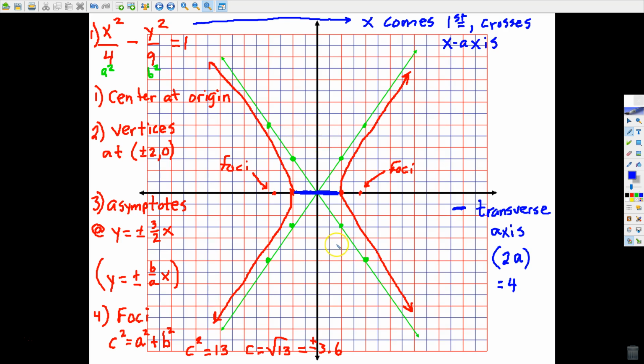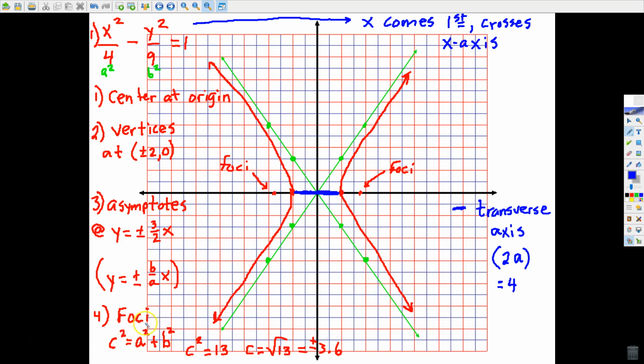It's called either the interior rectangle or the central rectangle, depending on which book you have. That rectangle will help us draw these two green lines called asymptote lines. And we just sketch our curve staying within those asymptotes. We should be approaching them forever and ever as we progress up and as we go down. Same thing for this one.